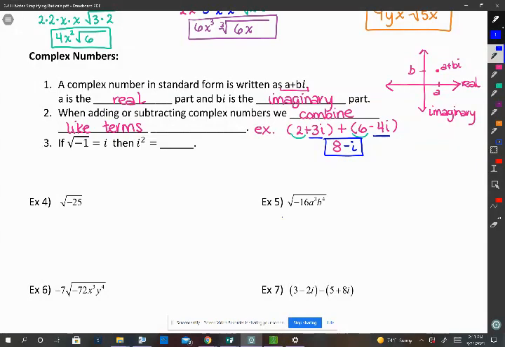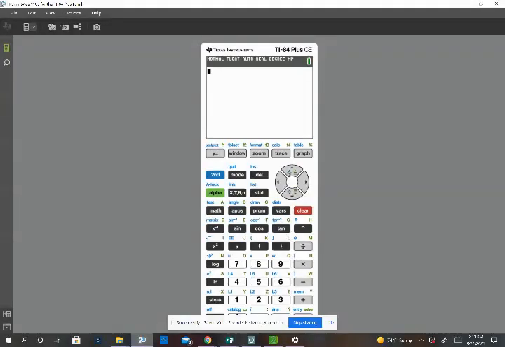The other thing, and the reason why I even have the complex number, is because I need to deal with taking the square root of a negative 1. And if we put the square root of negative 1 in our calculator, notice what happens. I need a negative sign.